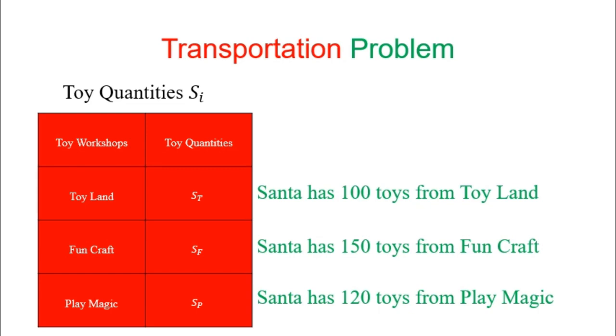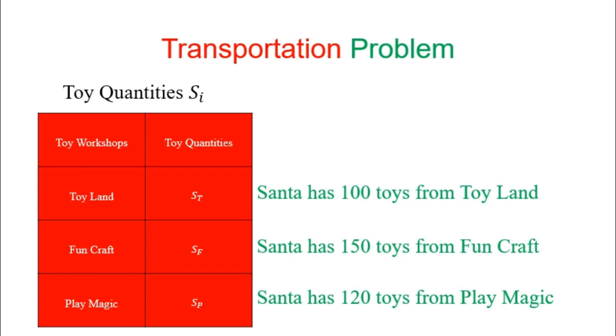That is the quantities of toys being supplied from the workshop Toyland is ST. The quantity supplied from the workshop Funcraft is SF, and the quantity supplied from the workshop Play Magic is SP. So these are the supplied quantities.